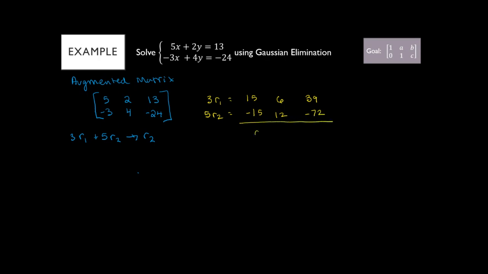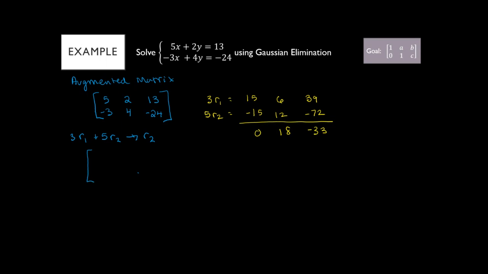And then adding those together, 0, 18, 39 minus 72, that's -33. So you can show your shorthand like that if that helps you keep track of what you're doing. And I do recommend doing that because it's so easy to make a mistake here.